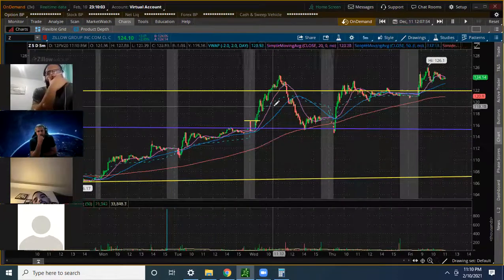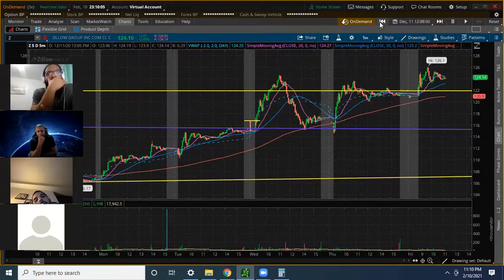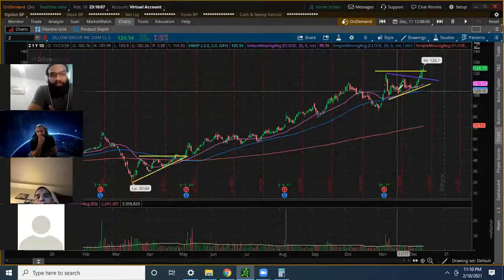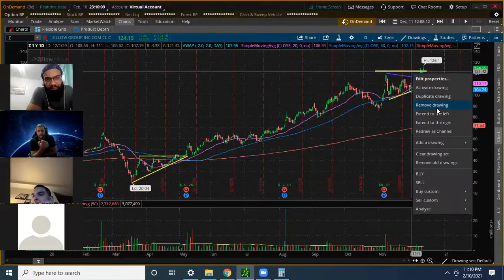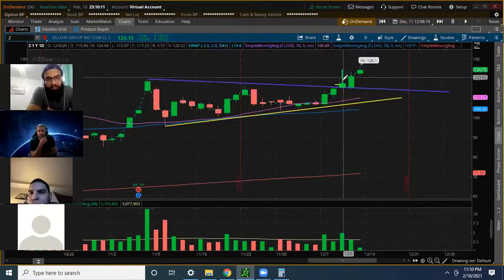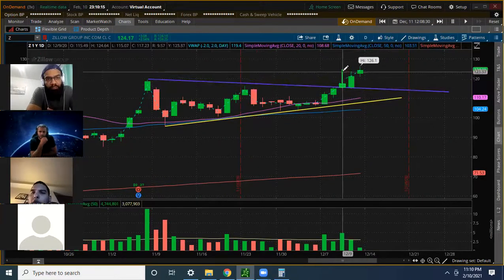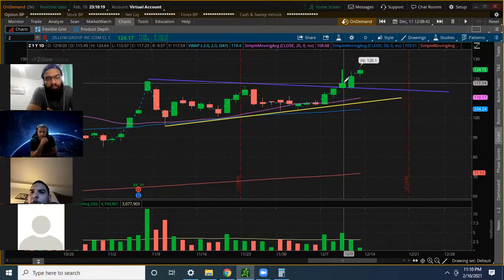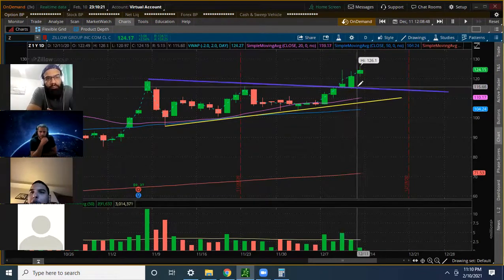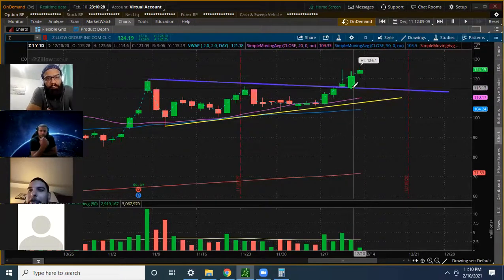If we go to the daily chart, let's go to our overall structure. On that day that it broke out, it went all the way to 124, and then it came back down. And then what happened the following day? It sets up right on top of our structure. It retraced it. It tested again.